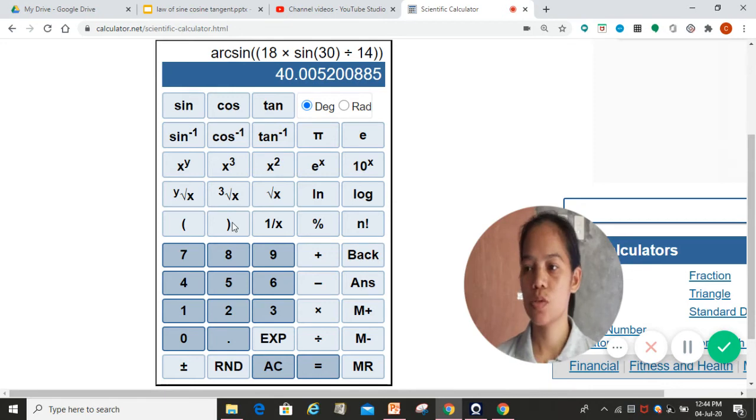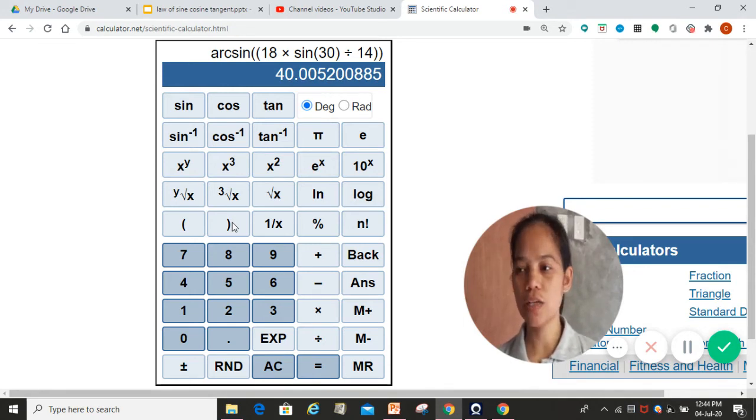Okay, so you don't say that your calculator is wrong if you don't get this similar answer. We just have to take into consideration that there are calculators equipped to calculate all throughout without too many parentheses, and there are some calculators that need parentheses to group the terms.